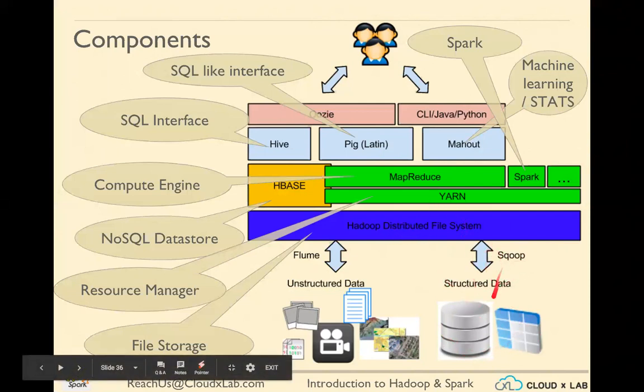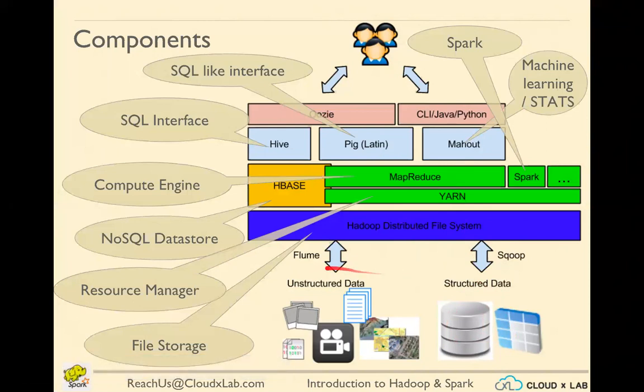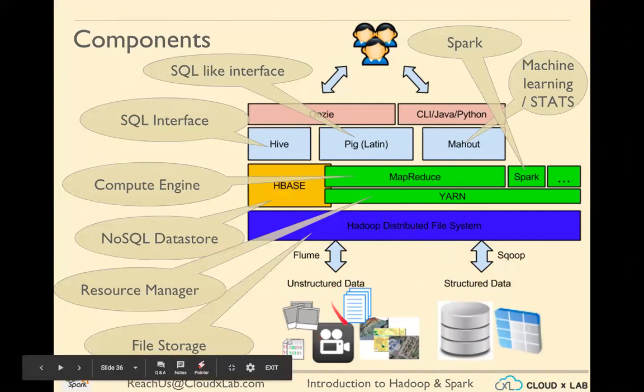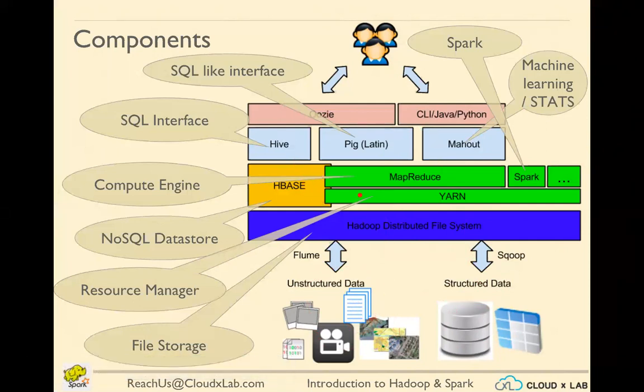So using Sqoop, you can transport the data from non-Hadoop systems to Hadoop. These two tools are quite useful to get started with big data, because you will be moving your data from existing systems to the Hadoop ecosystem.